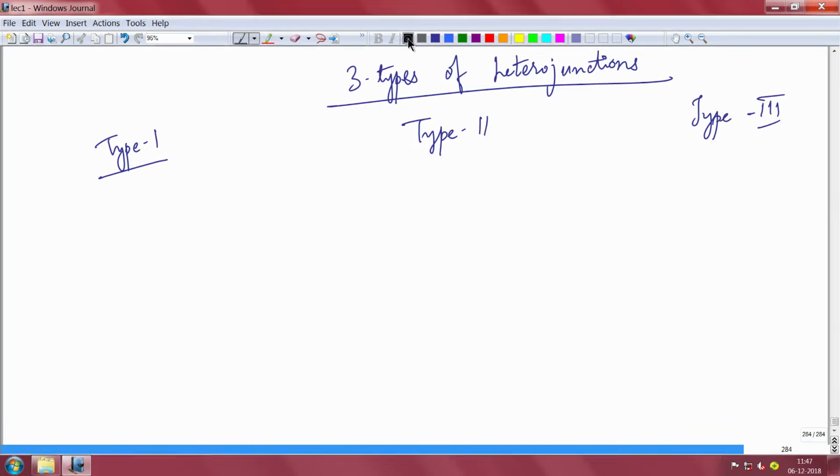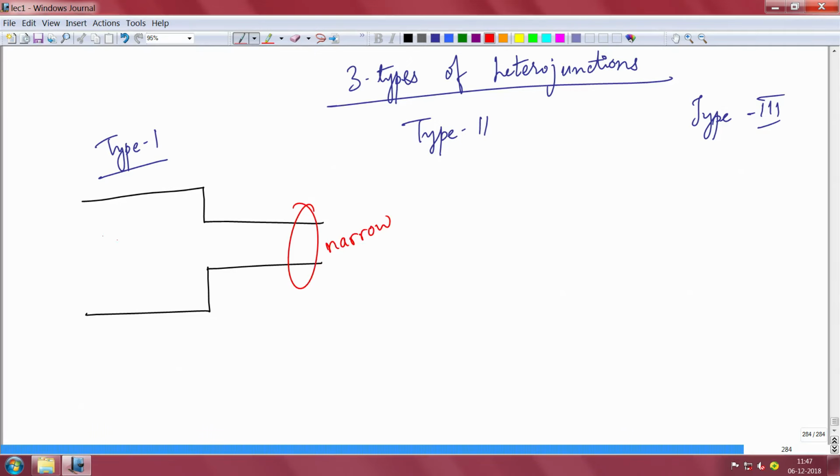So in the first type of heterojunction, you have a heterojunction like this. I'm not very good at drawing here, but this is a narrow band gap. You see, this is a narrow band gap semiconductor, right? And this is a wide band gap semiconductor, right? That's possible.